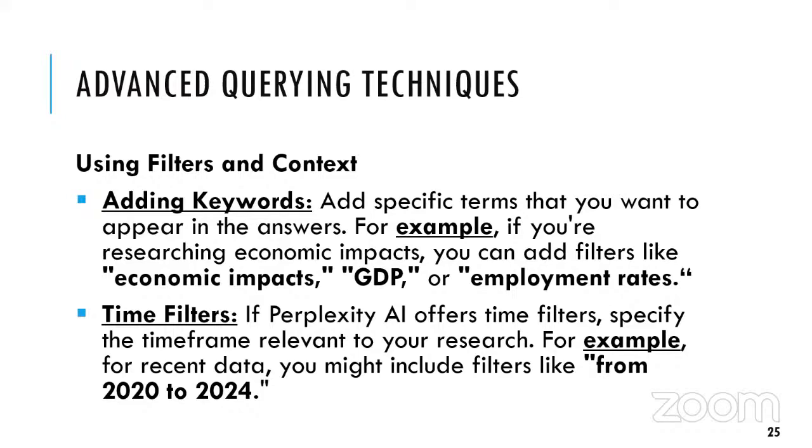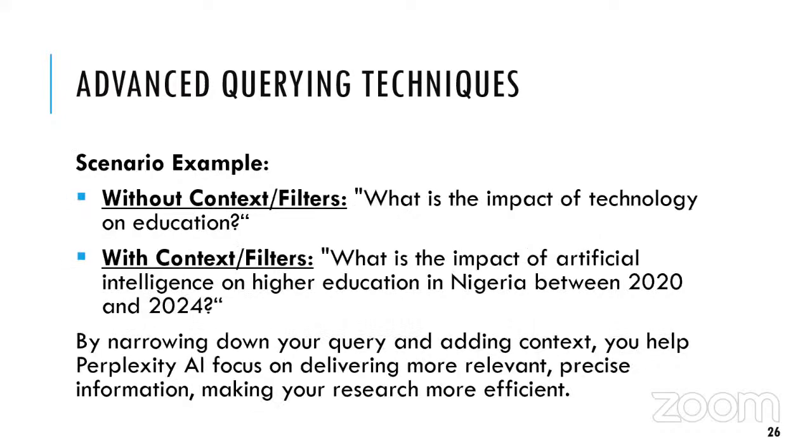You can also add time filters. If you want Perplexity to help you zero in on a particular year, particularly recent data, you might include filters like from 2020 to 2024. I would like you to test some of these things out.